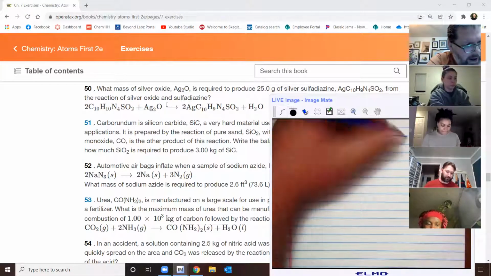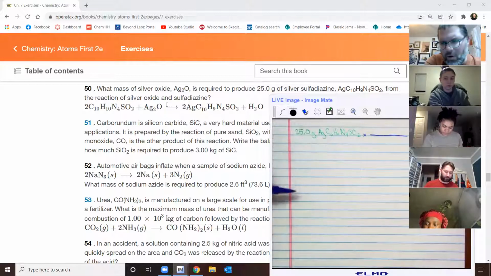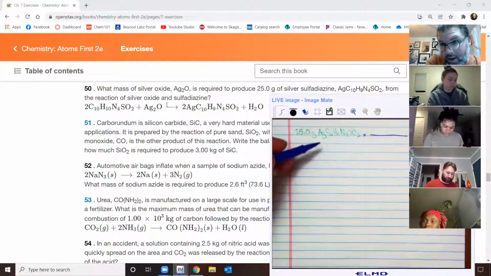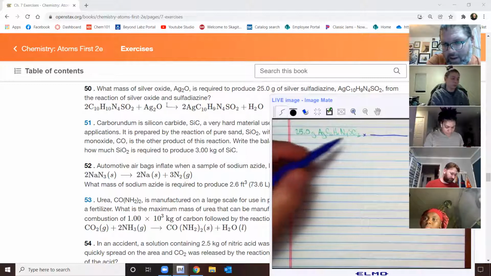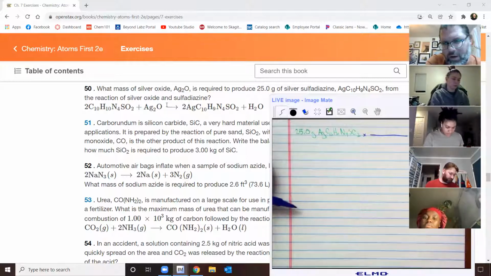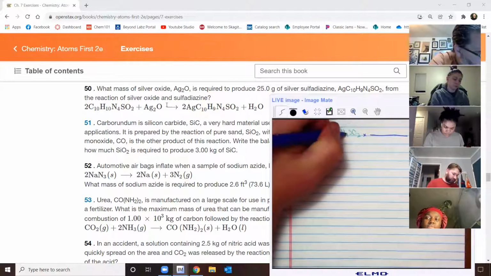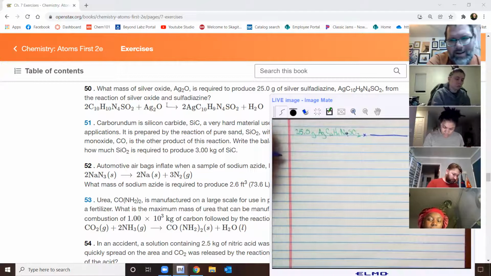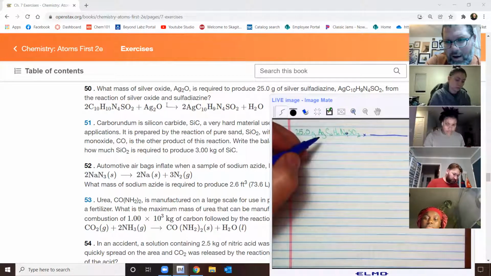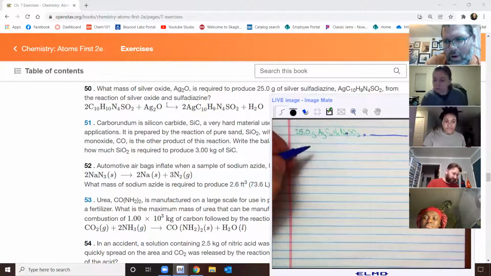So if we convert any chemical formula from grams to moles, we're going to use the molar mass, adding up all these atomic masses in this formula of a silver, 10 carbons, 9 hydrogens, 4 nitrogens, a sulfur, and 2 oxygens. Did anybody do this? How many grams are there in 1 mole? I got 300.